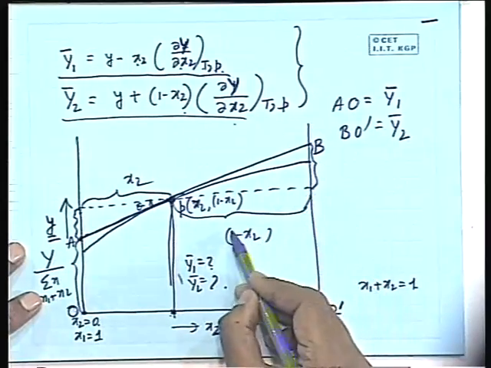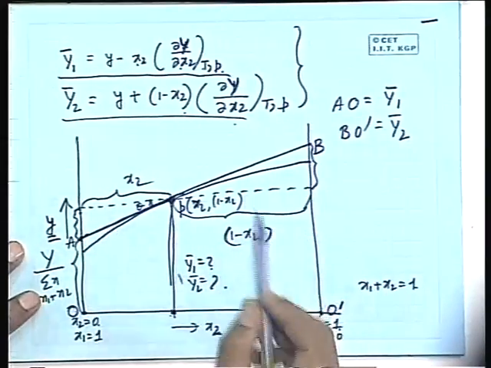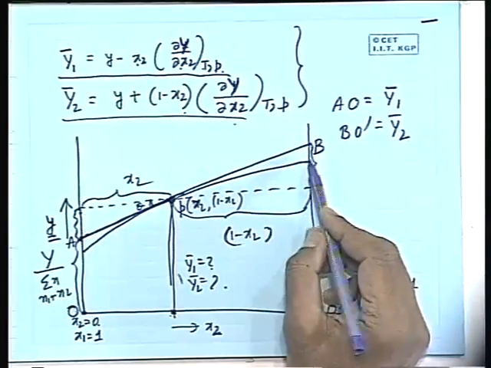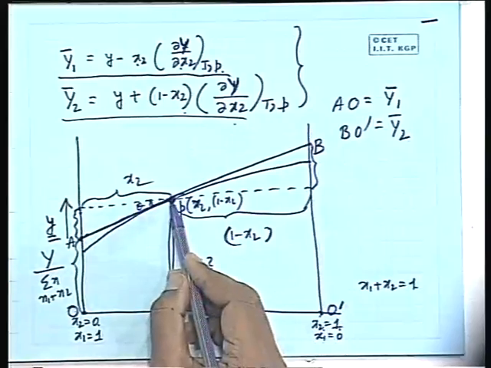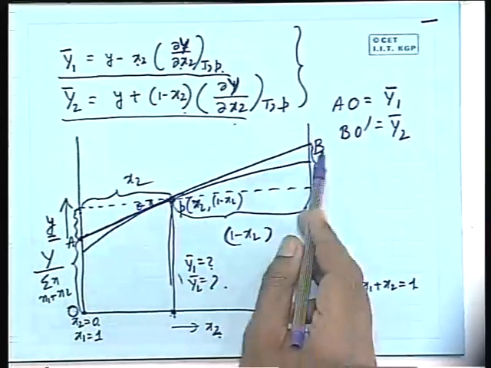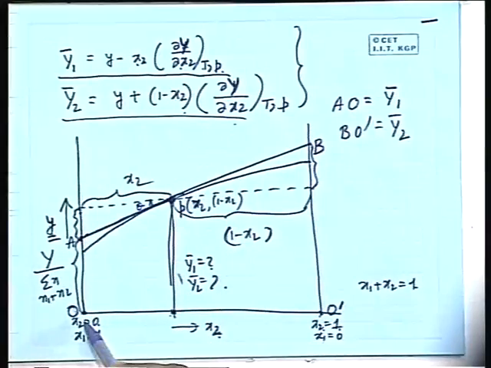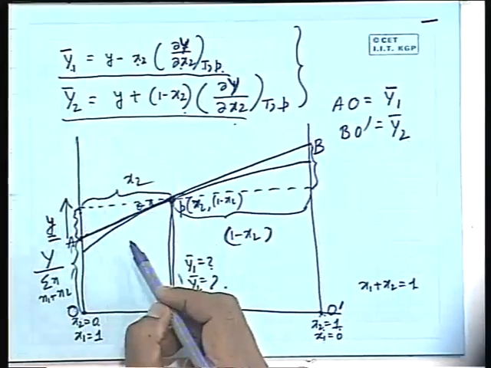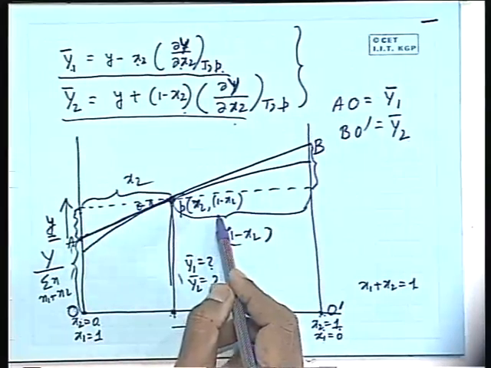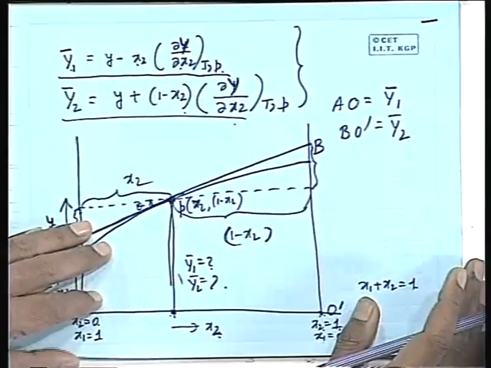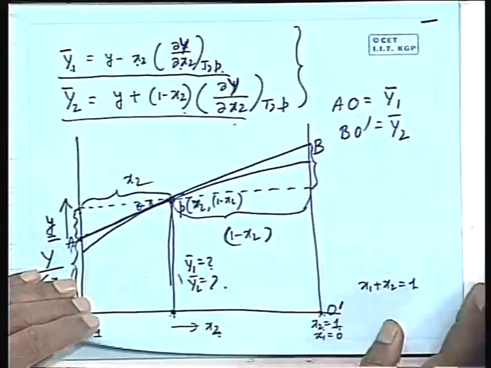Therefore we can draw a tangent, and sometimes these problems are solved geometrically. At any point on the curve y versus x2, if we draw a tangent, it cuts the two ordinates where x2 is 0 and x2 is 1, and these intercepts OA and OB can be taken as the partial molar properties y1 bar and y2 bar. This is valid for any component, for any partial molar property.